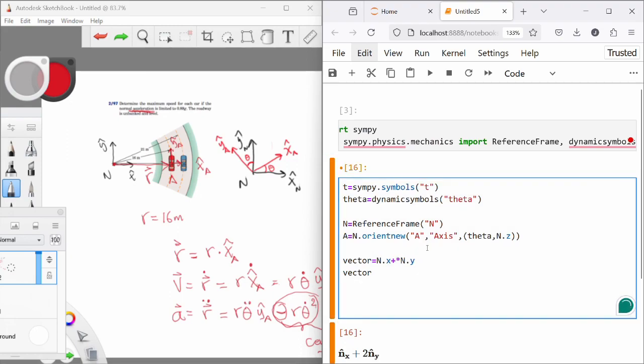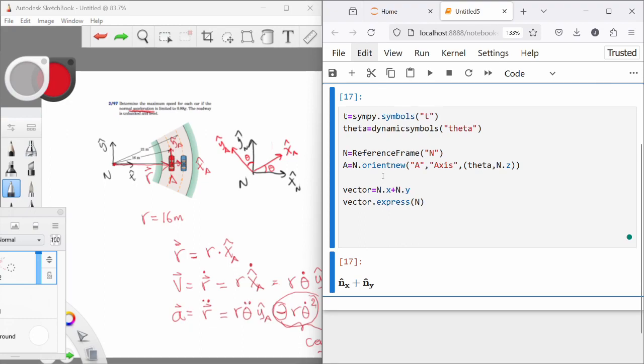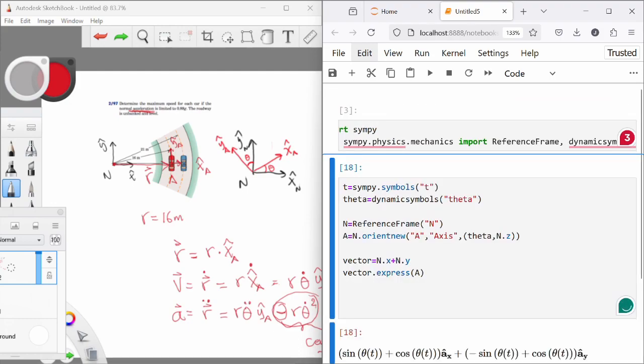And now, since we have defined a relation between n and a, because a was produced from n, we can use the option of the method express that the vector has in order to express a vector in different frames of reference. So we can express the vector in the n frame of reference and obtain the same thing that we defined here, but we can also express it in terms of axes from a reference frame.